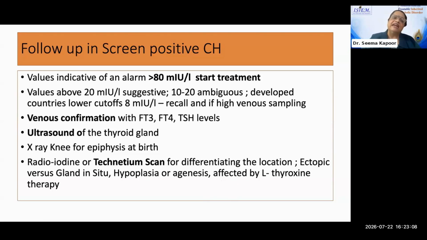Whether she has a gland or she doesn't have a gland, the technetium will show that there is absolutely no gland, because the iodine will not allow the uptake of pertechnetate, and all your values will actually say that it is an agenetic gland.